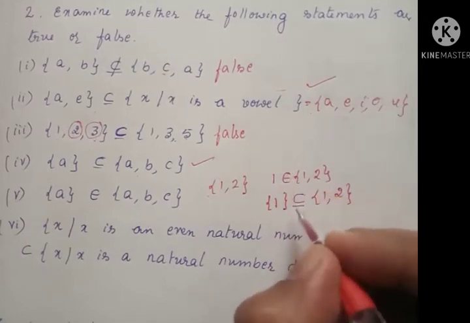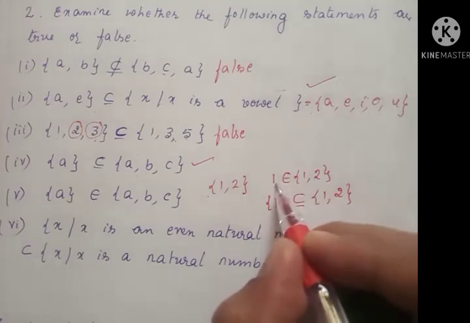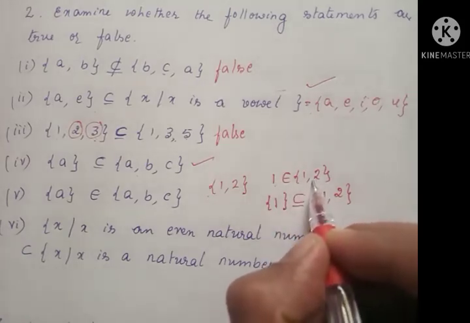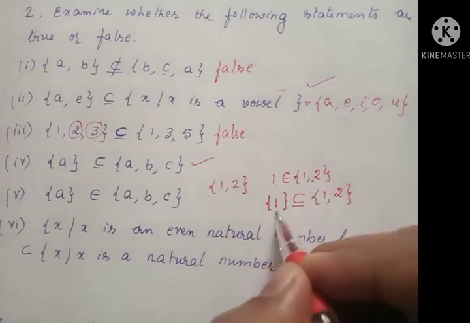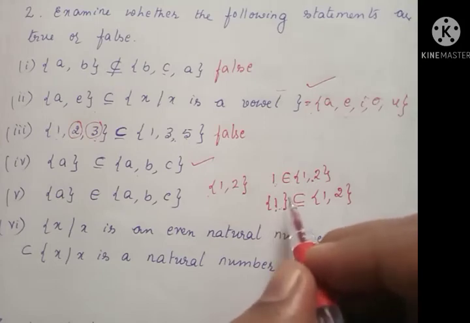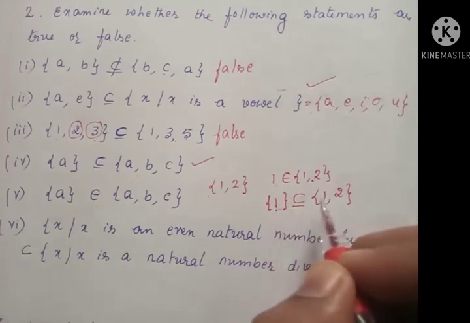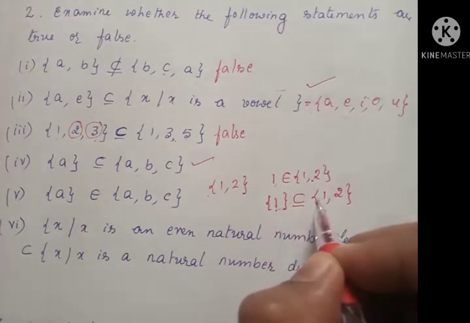So there is a lot of difference between these two. The first says that 1 is an element of the given set. The second says that this is also a set. Whatever you have written within the flower bracket indicates a set, and that is a subset of the bigger set.